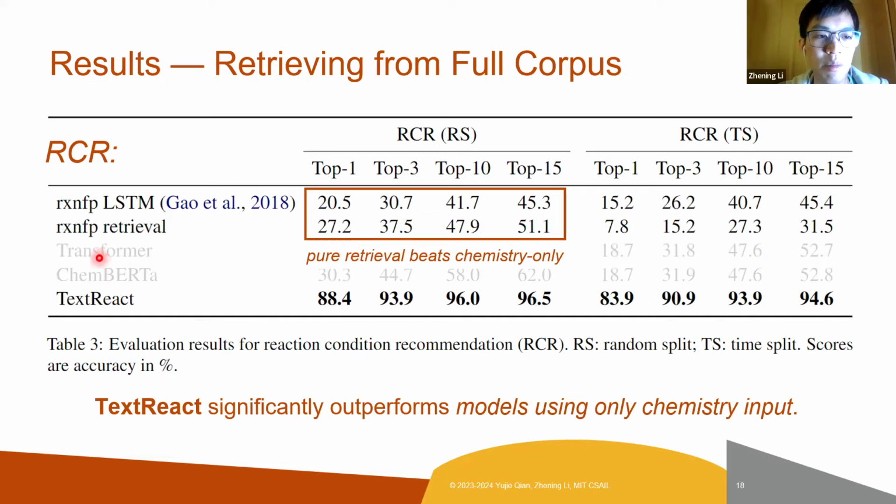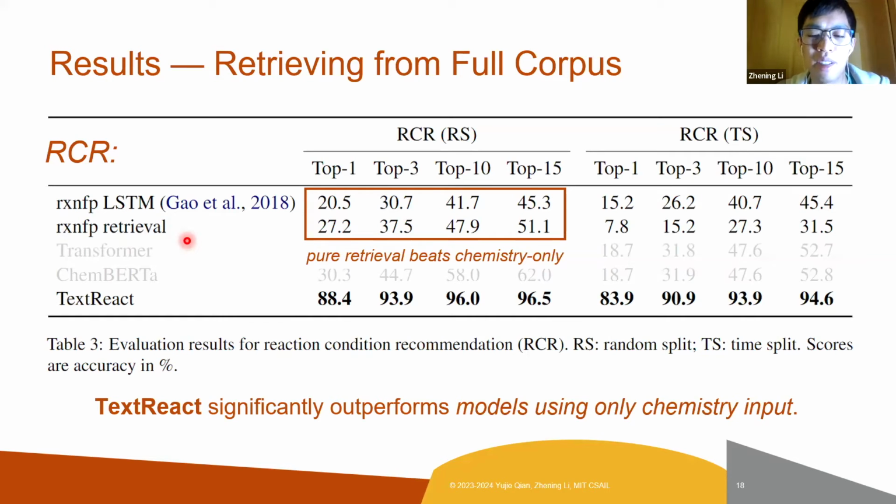However, I would like to bring some attention to the reaction fingerprint baseline, because here we're comparing Gautel 2018, which was the first reaction condition recommendation model using deep learning, as well as reaction fingerprint retrieval, which is a pure retrieval model. What the pure retrieval model does is it takes the difference in Morgan fingerprints between the product and the reactant, and it uses these embeddings and takes the nearest neighbors of the input reaction within this fingerprint embedding space.